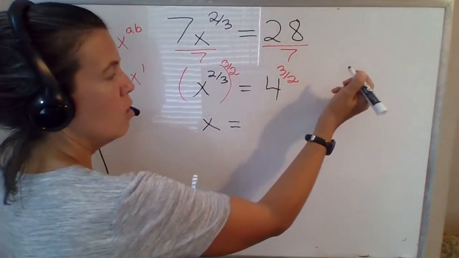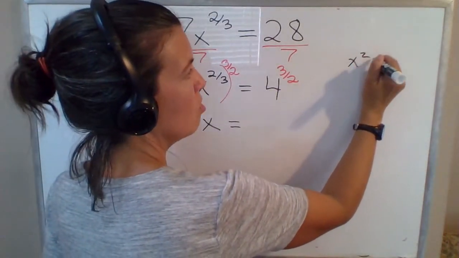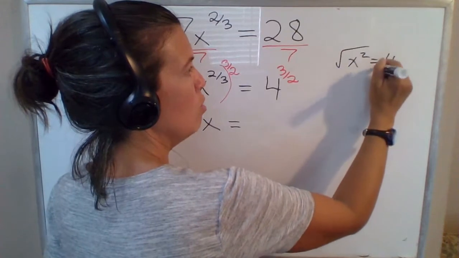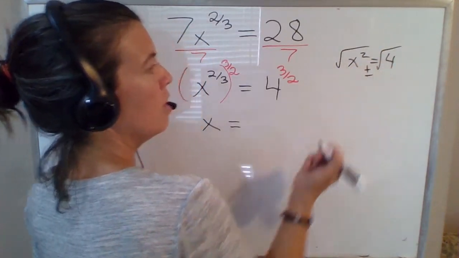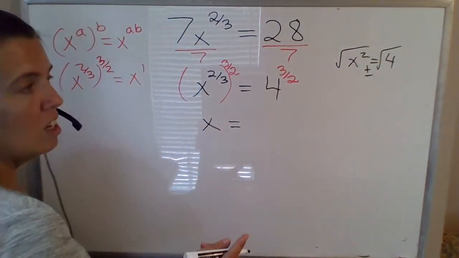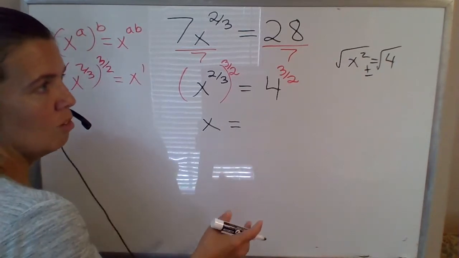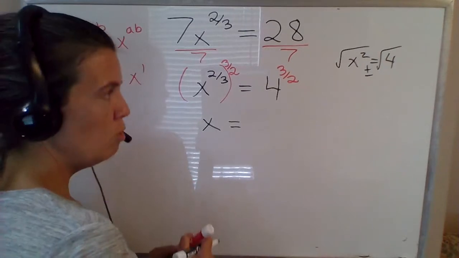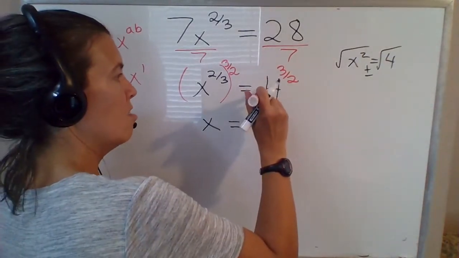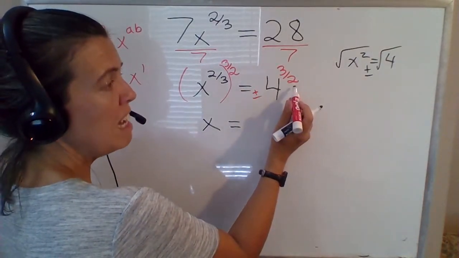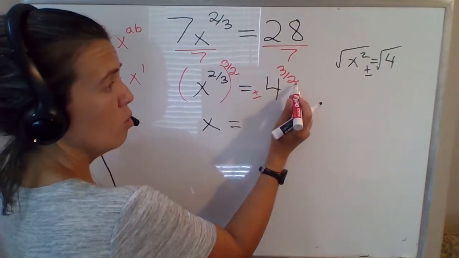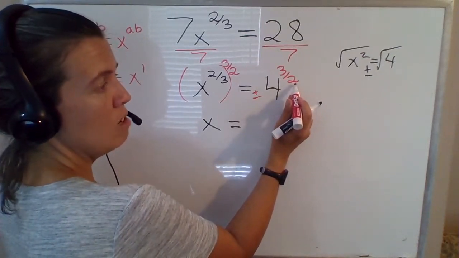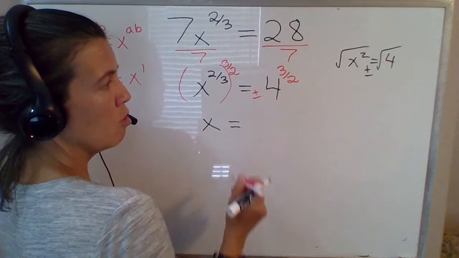Remember that when you solve an equation like x squared equals 4 by taking the square root of both sides, there are two numbers that you can square to get 4, and it's plus or minus 2. So we are going to need to insert that plus or minus in front. If you solve by taking an even root, in other words, if the number in the denominator here is even, then we need the plus or minus.